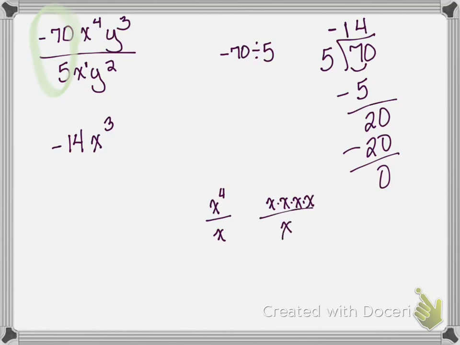In the denominator, I have an x, so I'm able to cancel one out, and I'm left with x to the 3rd. Now we're going to look at our y to the 3rd over y squared. In that situation, when I subtract 3 minus 2, I'm left with y to the 1st. And so this is my final answer right here.